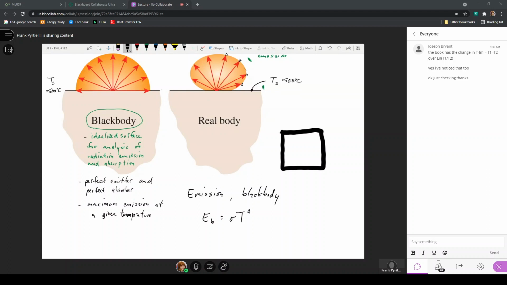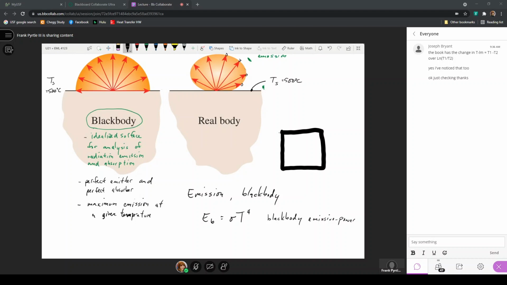This is what we call black body emissive power. So in order to calculate the black body emissive power for a given black body surface, all we need is the temperature, so that we can multiply it by the Stefan Boltzmann constant.